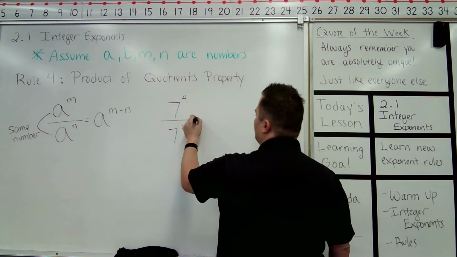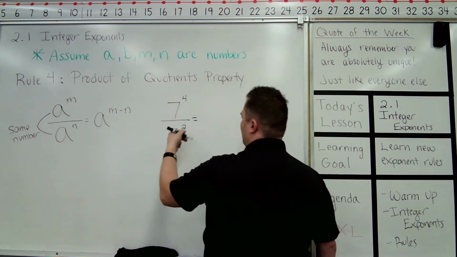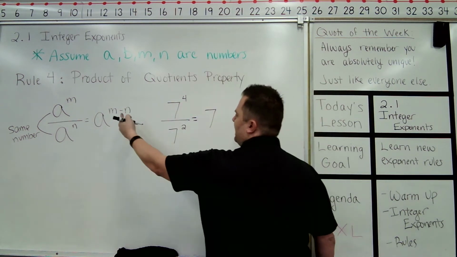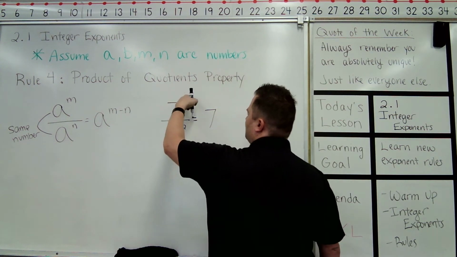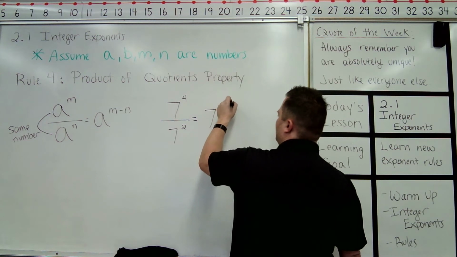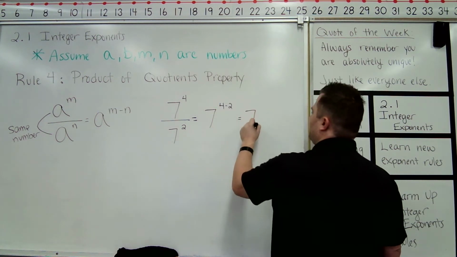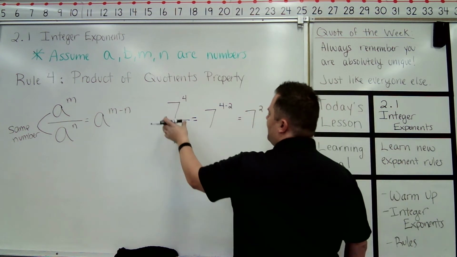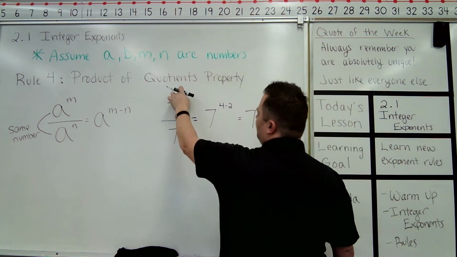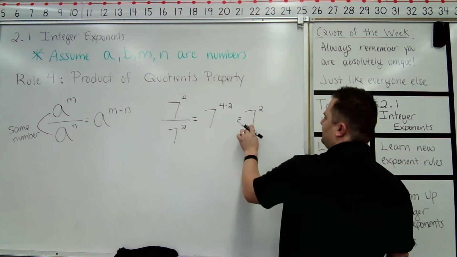I'm allowed to rewrite this as a, which was 7, to the m minus n. This was m, this was n. So 4 minus 2. What is 4 minus 2? That is 7 squared. This mess, 7 to the 4th over 7 squared, can be rewritten as 7 squared.